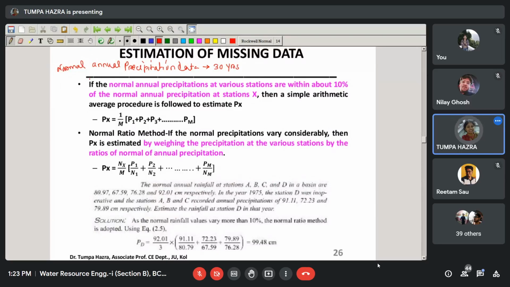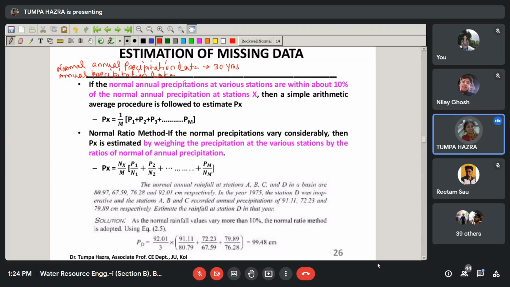And another one is annual precipitation data.